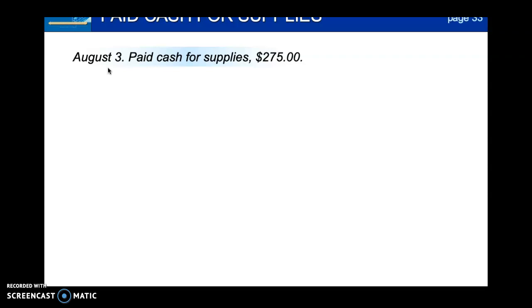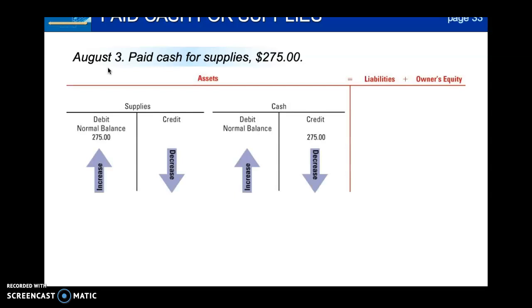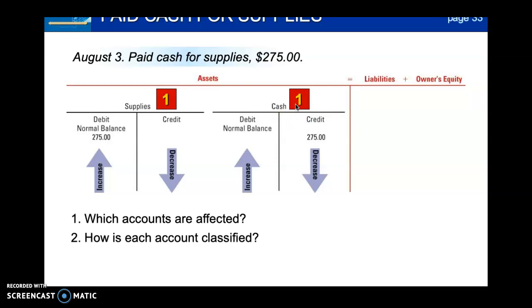All right, so now we have to think about what accounts are affected. Well, we paid cash and we got supplies. So cash and supplies are the 2 accounts. So here's cash and supplies. All right, so we just did that. How is each account classified?